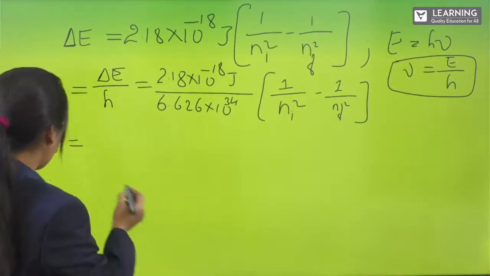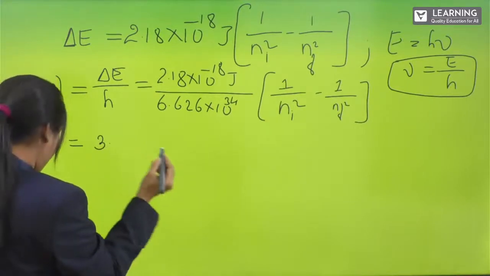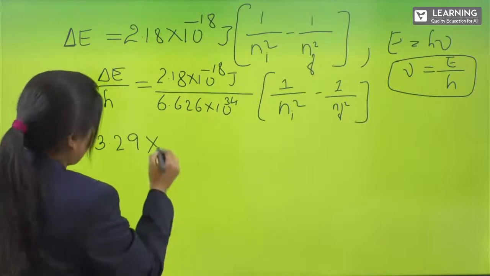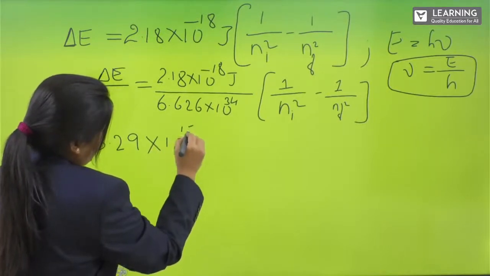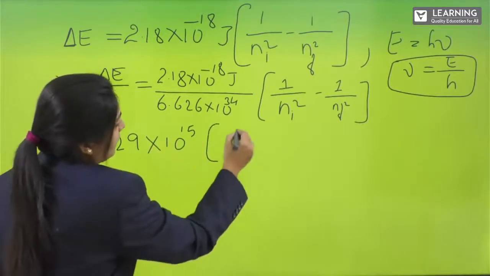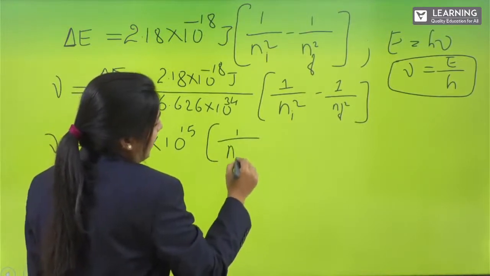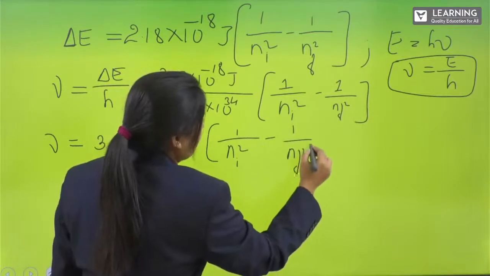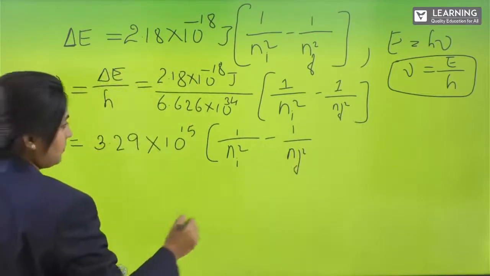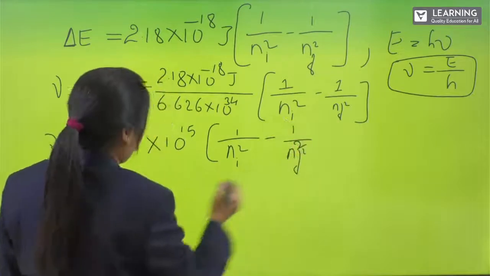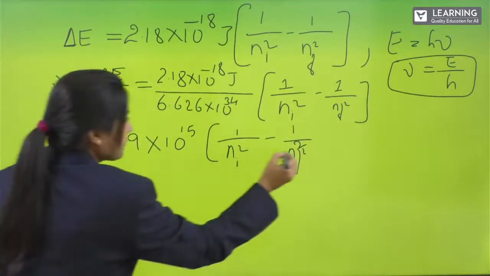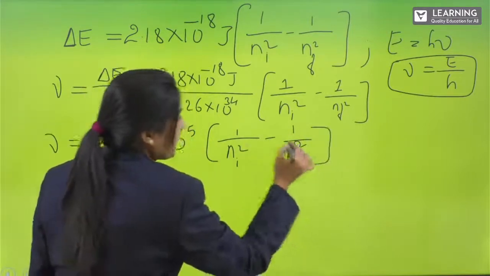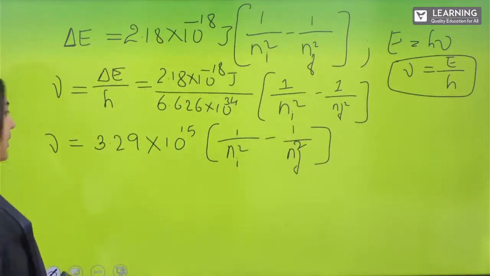So we get around 3.29 into 10 raised to 15 into 1 divided by Ni square minus 1 divided by Nf square. Do you understand this? It is Nf square. Is it fine, students? Any doubts over here?